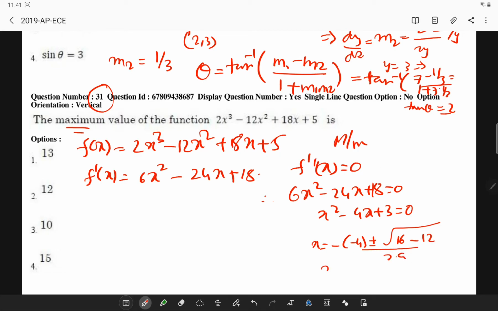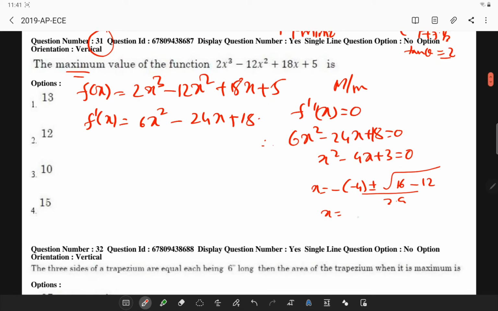So I have x is equal to plus 4 plus or minus 2 divided by 2, or 4 plus 2 is 6 by 2, or 4 minus 2 is 2 by 2. So the value of x is equal to 3 or 1. So I have two roots, x is equal to 3 and x is equal to 1.